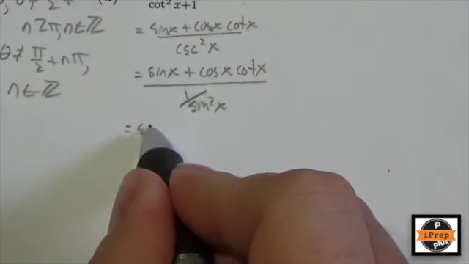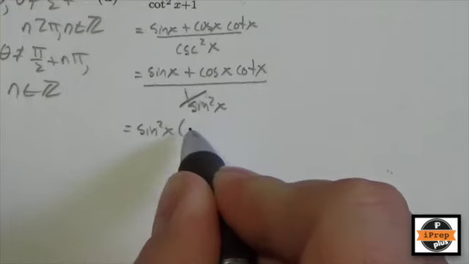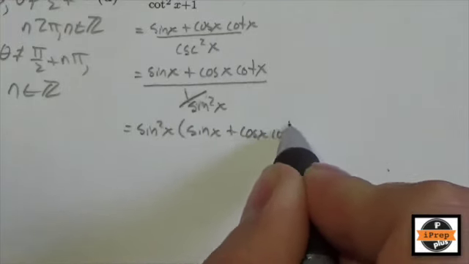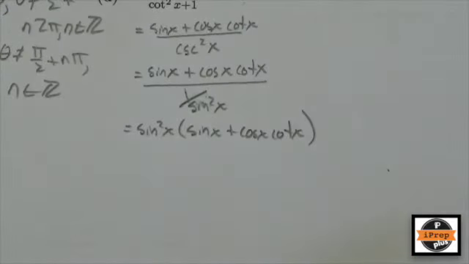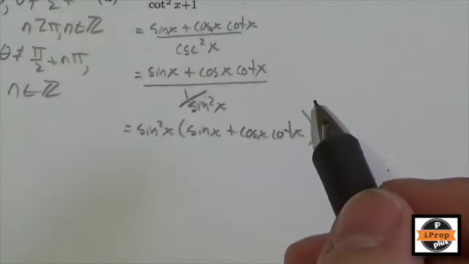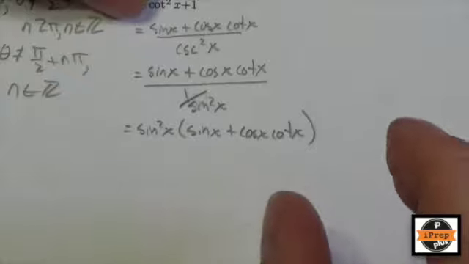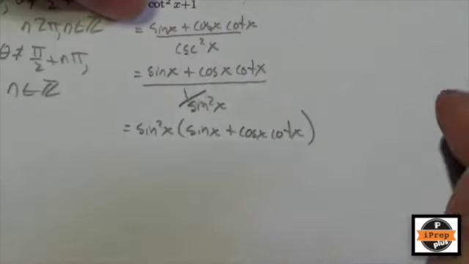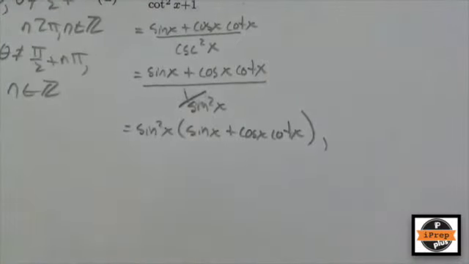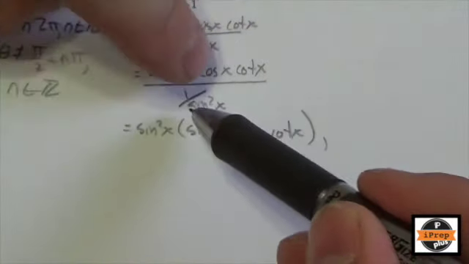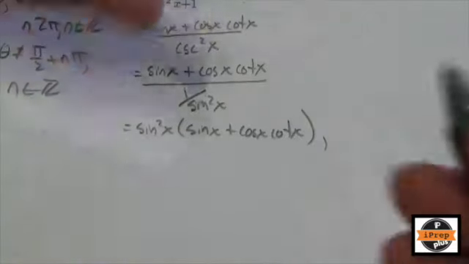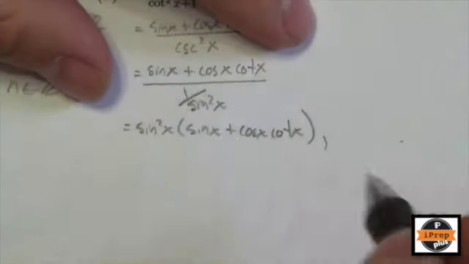And so this will become the sine squared of x multiplied by the sine of x plus the cosine of x times the cotangent of x. Now, I might distribute that in a second, but I probably won't. I'm going to clean this up first without making it messy with that sine squared going through. However, notice that what I've done here is I've gotten rid of this 1 over sine squared. I no longer have an expression here that's dividing by sine squared.